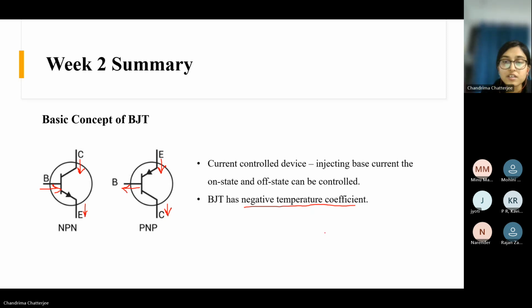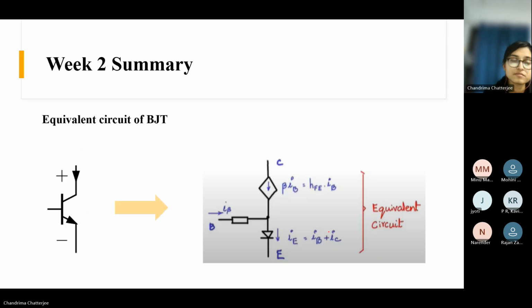Okay, let's proceed to the next point. Here we have shown the equivalent circuit of a BJT. As I was saying, the collector current is dependent on the base current. So here one dependent current source is drawn.